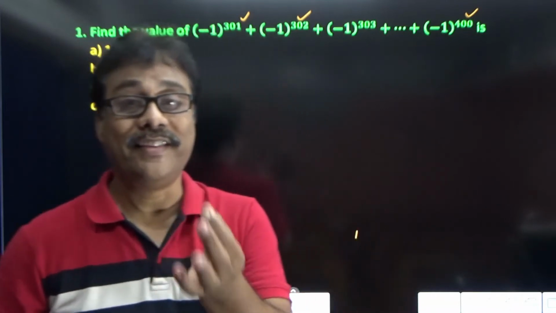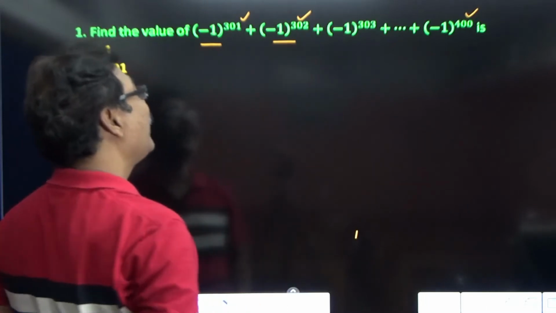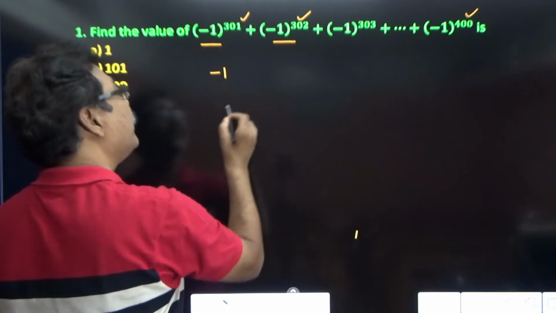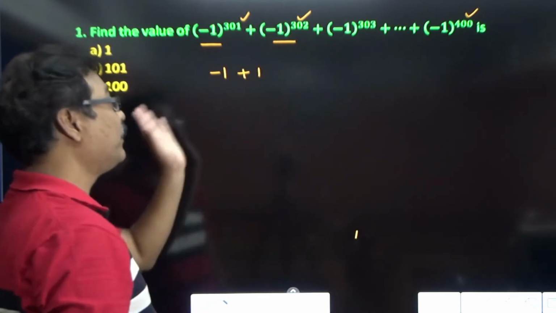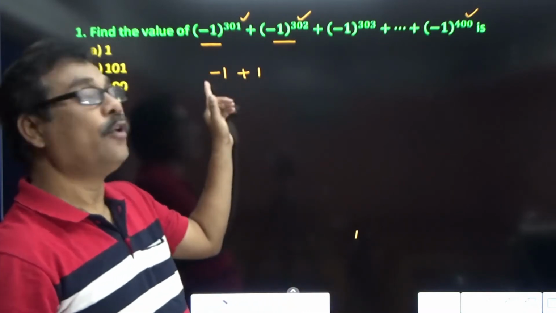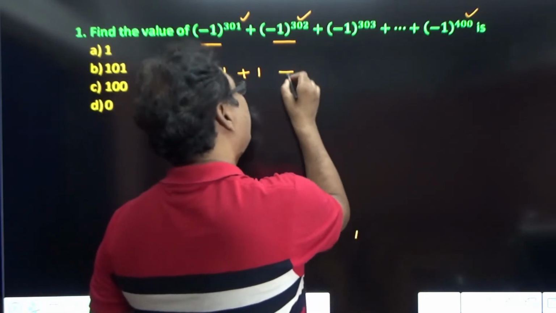Now let us check the first term and second term. What are we getting? First term, because power is odd, so I can write minus 1 here. This one is plus 1 because power is even. First and second, two terms we are taking, then its value is going to be 0. If I take the next two terms, again power is odd here.